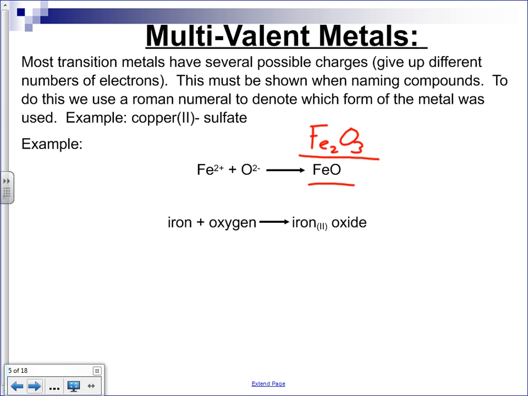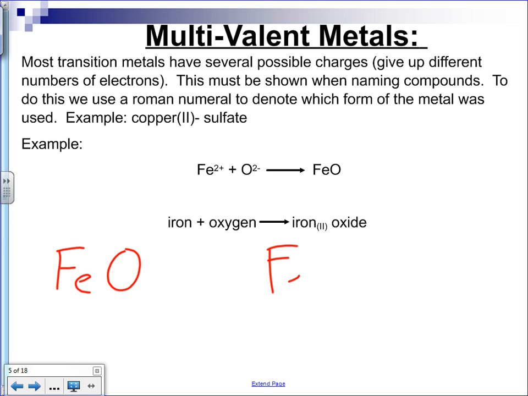Now, the difference here is that iron, if you look on your periodic table, can have a 2+ charge or a 3+ charge. We have to be able to figure out which one it is. So let's say I've got this iron oxide over here.